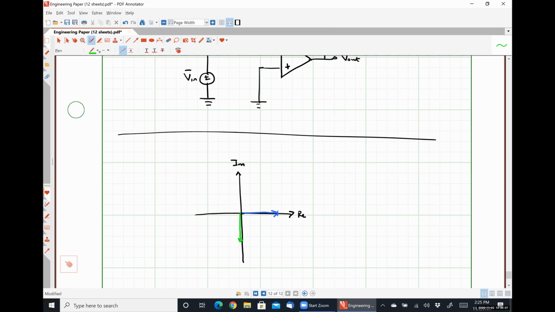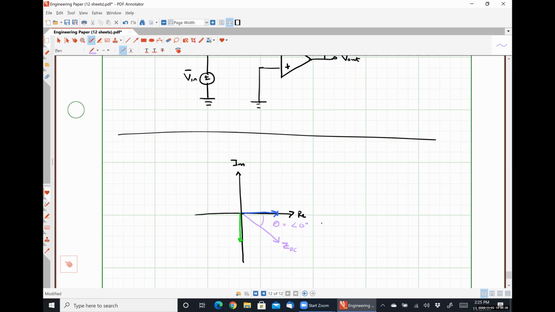If they were in series, they would add together, and this would be Z. I'm going to call this RC, and we can notice that our angle theta, by definition, is less than 0 degrees, so it's negative.